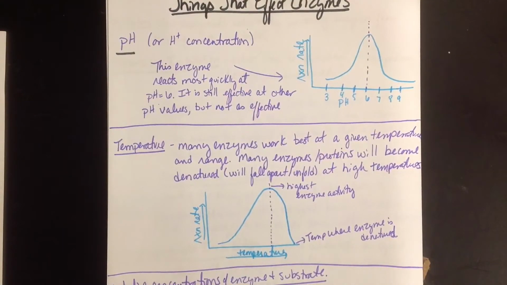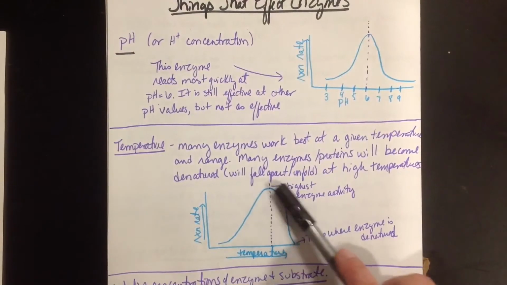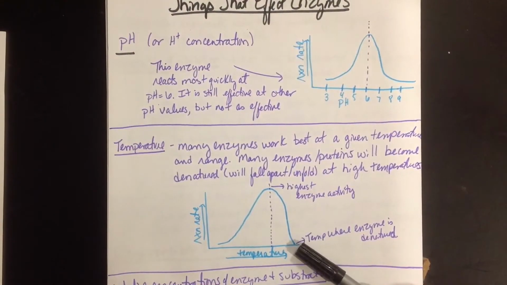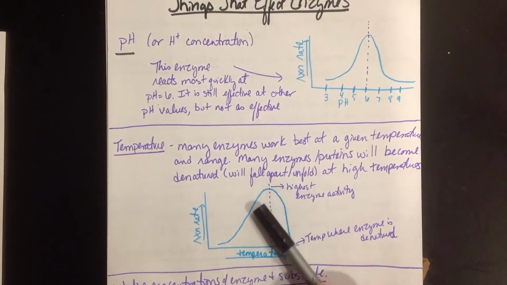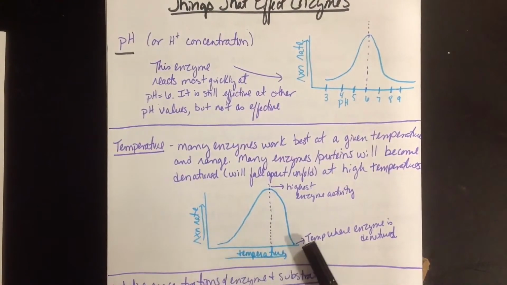Because most enzymes, when you get them to a high enough temperature, the protein portion of that enzyme just unfolds and it no longer works, because that's when the enzyme is denatured. So at a certain point, that enzyme can just completely shut down and stop working and never come back again. Lower temperatures tend to slow down that reaction rate, but higher temperatures can actually stop it.